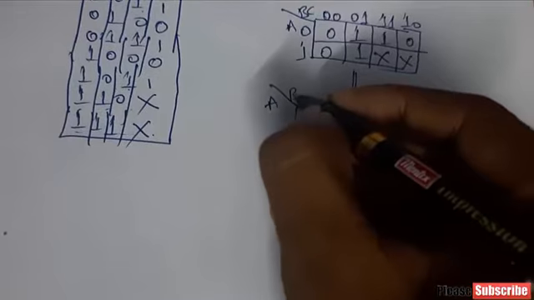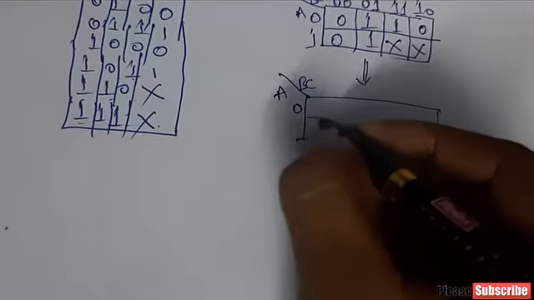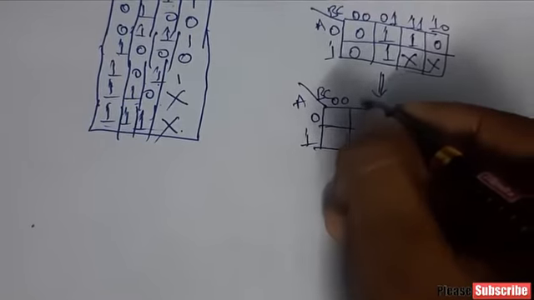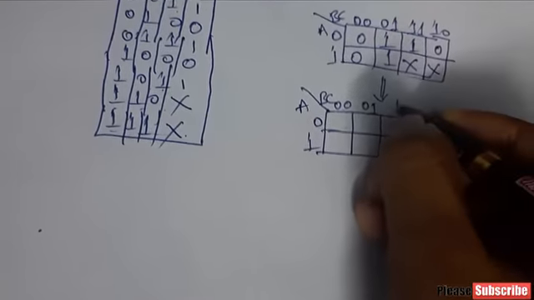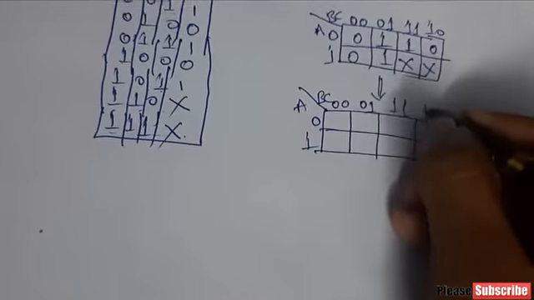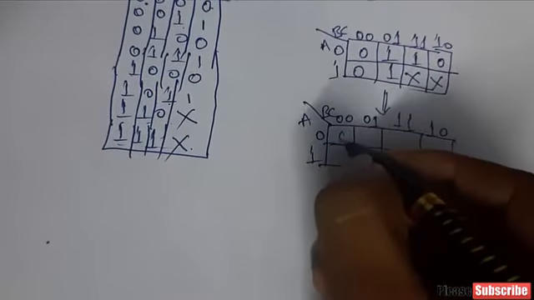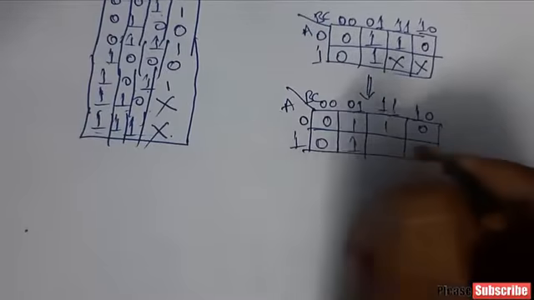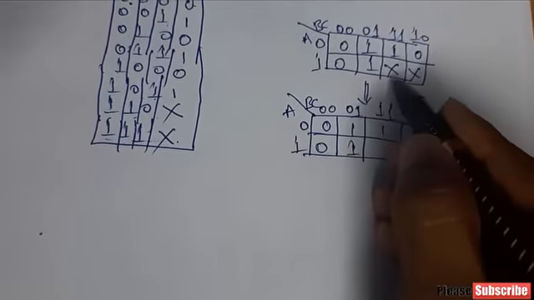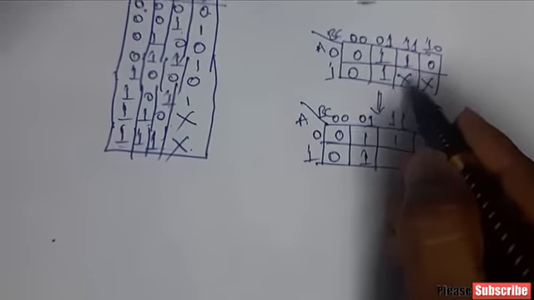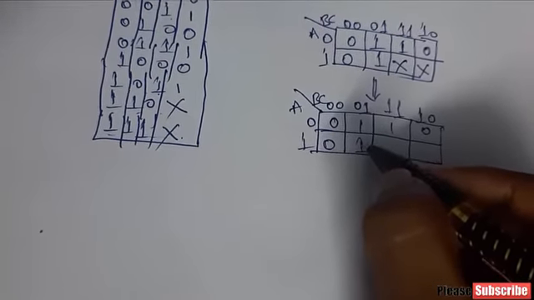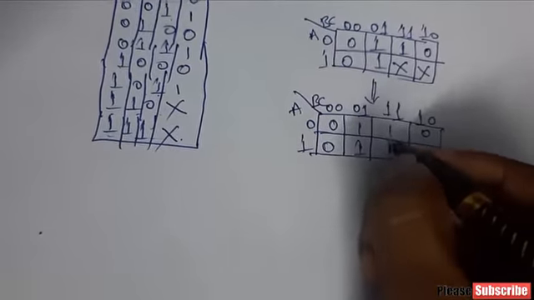A, B, C, this will be the 0, the 1. For 00, 01, 11, 10, here 0, 1, 1, 0, 0, 1. Here this don't care is represented by either 0 or 1. According to our convenience, we will take the 1.